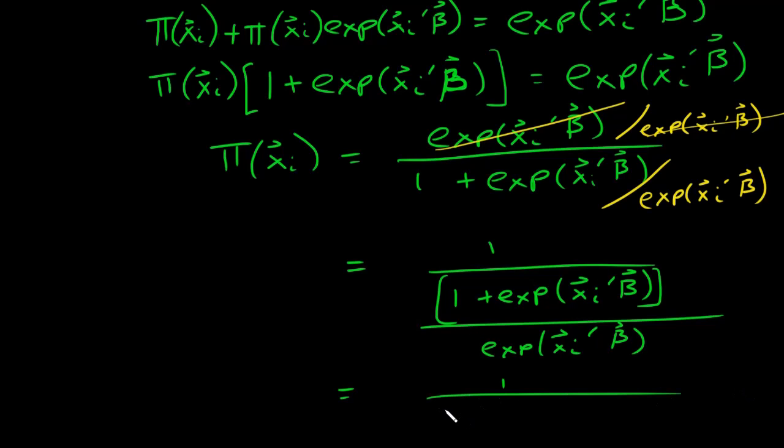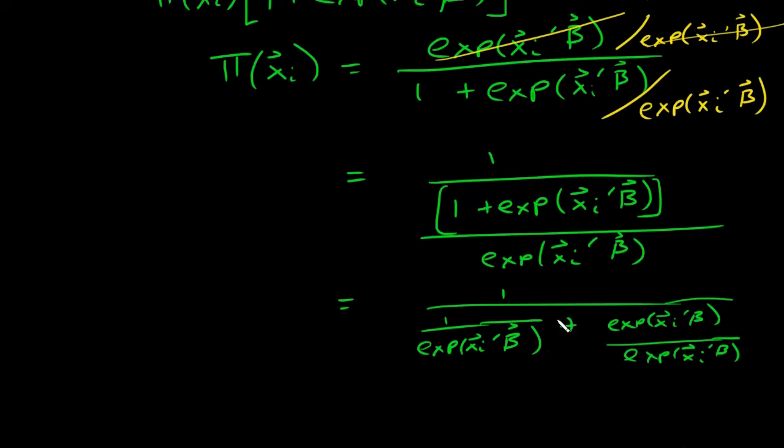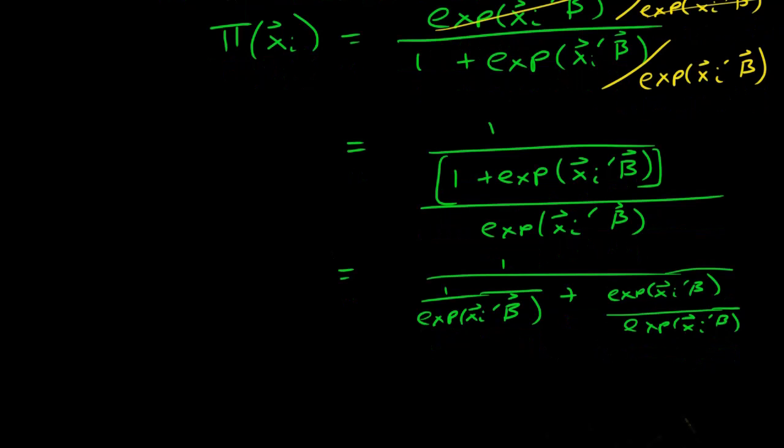I end up with 1 over 1 divided by e to the power of xi transpose times beta, plus e to the power of xi transpose times beta divided by e to the power of xi transpose times beta. I'm just using my properties for breaking up an addition sign in the numerator over a single denominator. So then these cancel each other, and this is equal to 1.